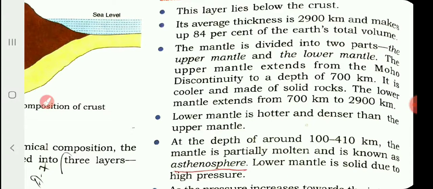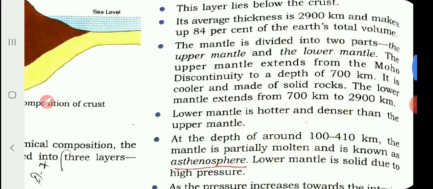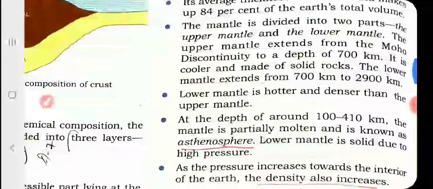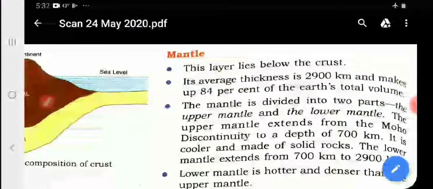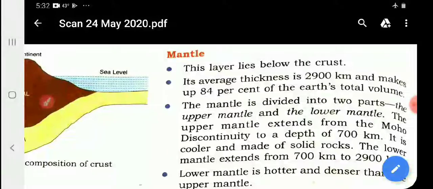It is cooler and made up of solid rock, because in a way you can say that it is a continuation of the crust. The lower mantle extends from 700 to 2,900 kilometers. Clear, no? In the beginning I told you, average thickness is 2,900 kilometers.